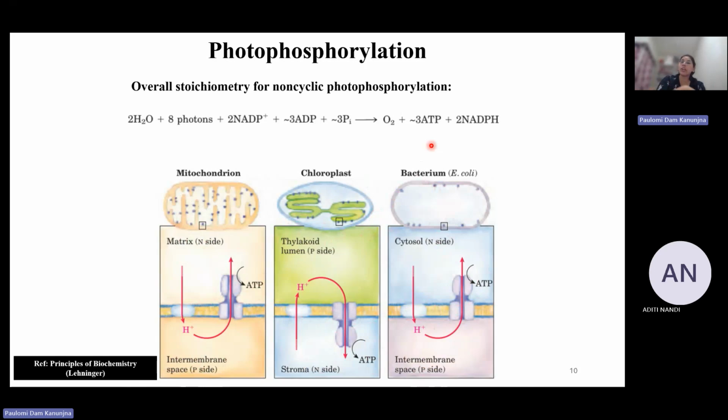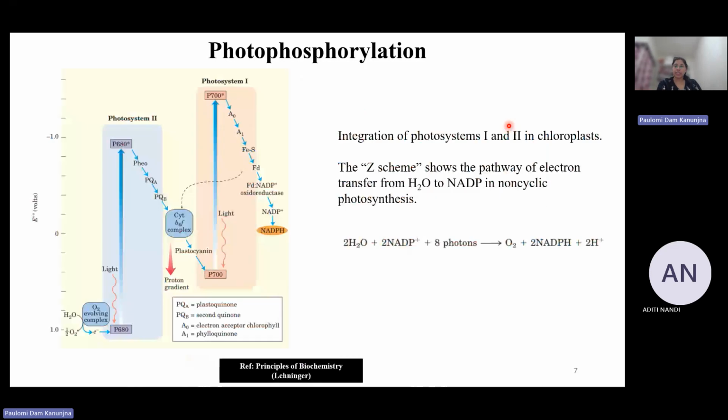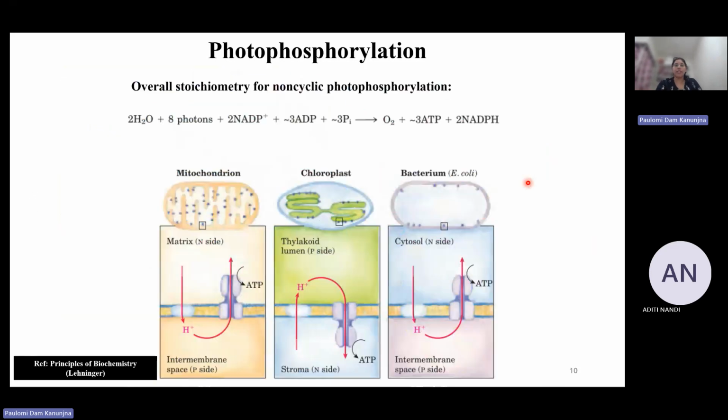Now, including all the ADP and ATP transformations, the previous equation which we discussed can be modified into this overall reaction. Same as before, two water molecules give one oxygen molecule. 8 photons are used to reduce 2 NADP, giving you 2 NADPH.